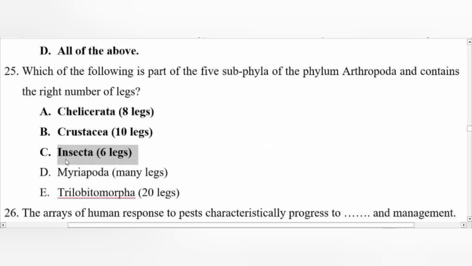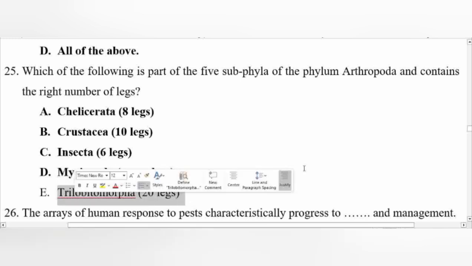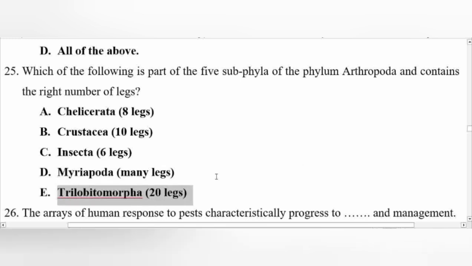I know of the subphylum Insecta. If it's singular, then it should be subphylum. So subphylum Chelicerata, subphylum Crustacea, subphylum Insecta, and also Myriapoda is part. Then subphylum Trilobitomorpha is also part.